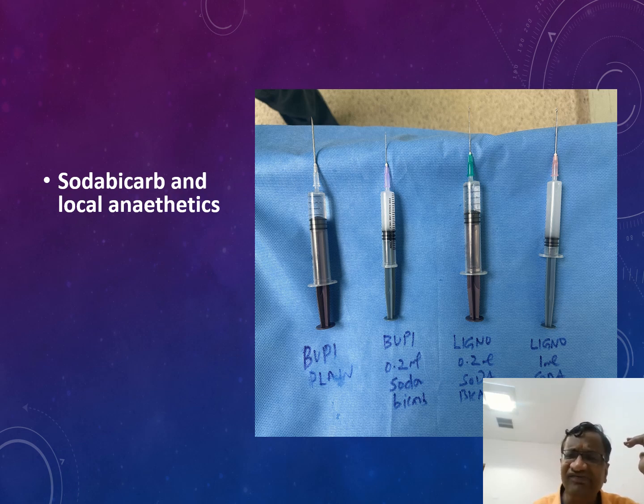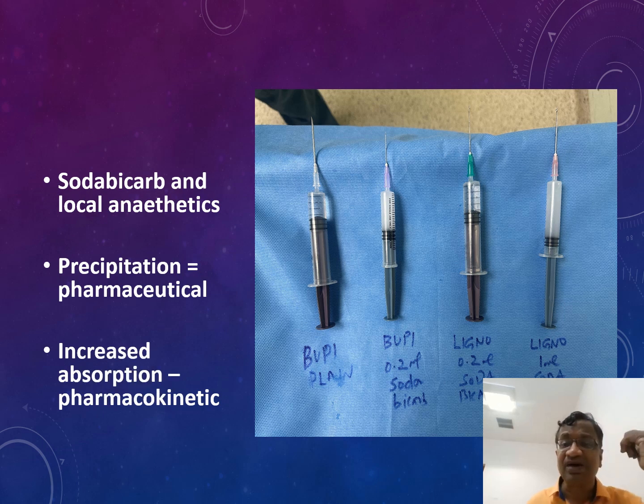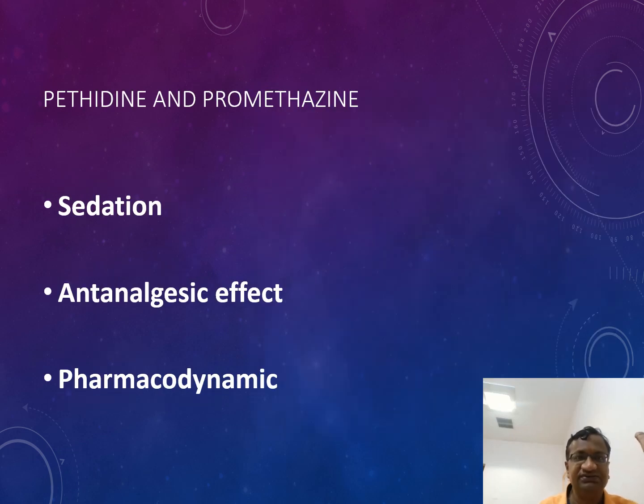But with lignocaine, even 2 drops is okay; when you add 2 ml, it becomes a precipitate. So this is a pharmaceutical interaction. This forms before the injection. Bupivacaine increases absorption through a pH change, that is pharmacokinetic. So precipitation is pharmaceutical, and increased absorption is pharmacokinetic.